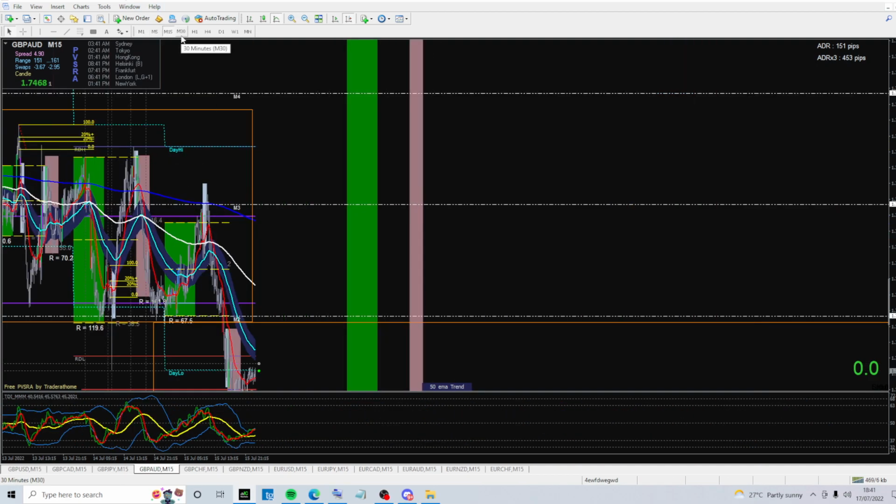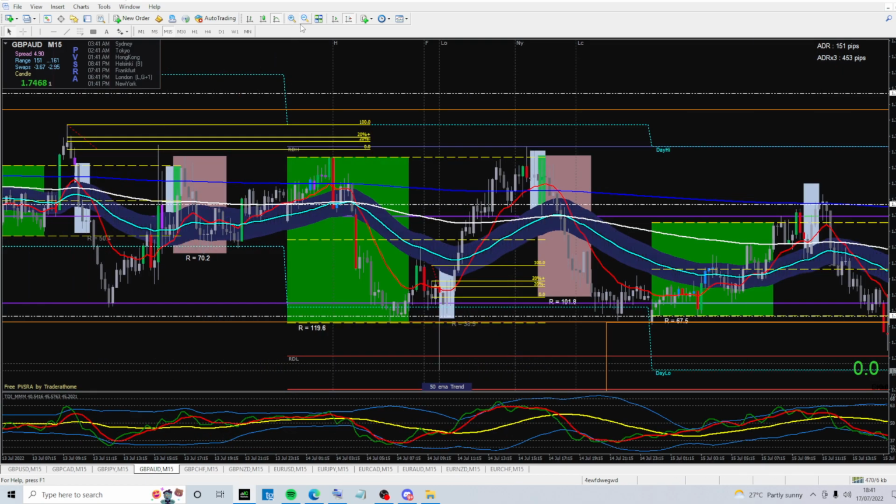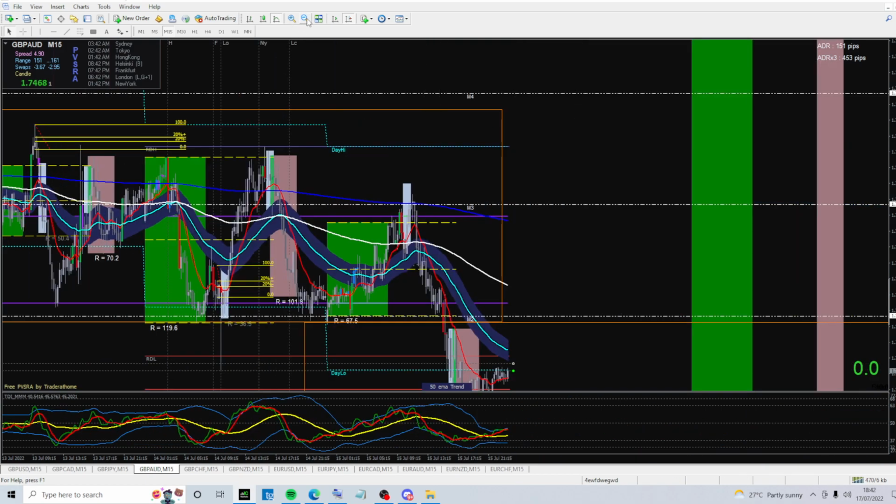Right, next rule, you wait for that 1/3 retracement. If the candle is above 20%... Right.